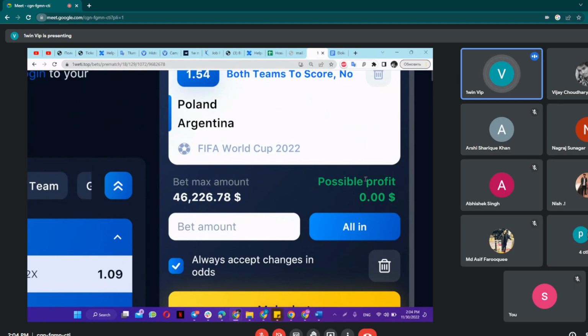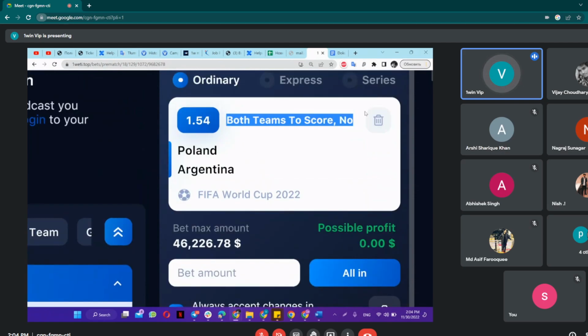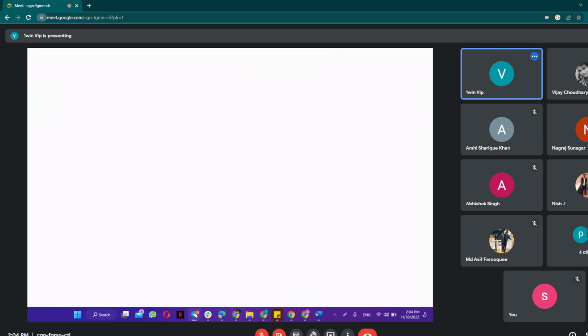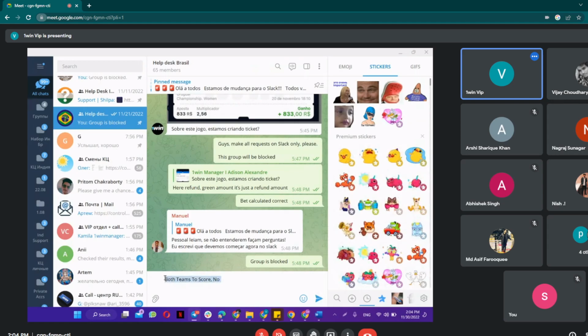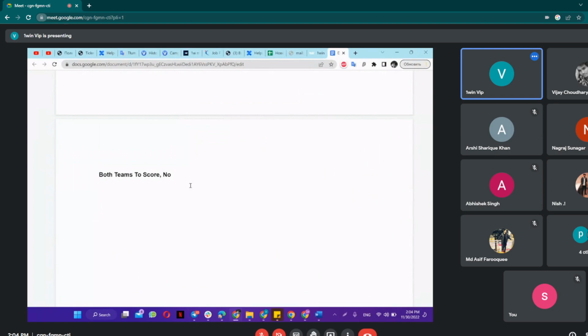to understand this bet and the way this bet could be calculated. So let me show you. Both teams to score, no. So we can understand this bet in two different ways.